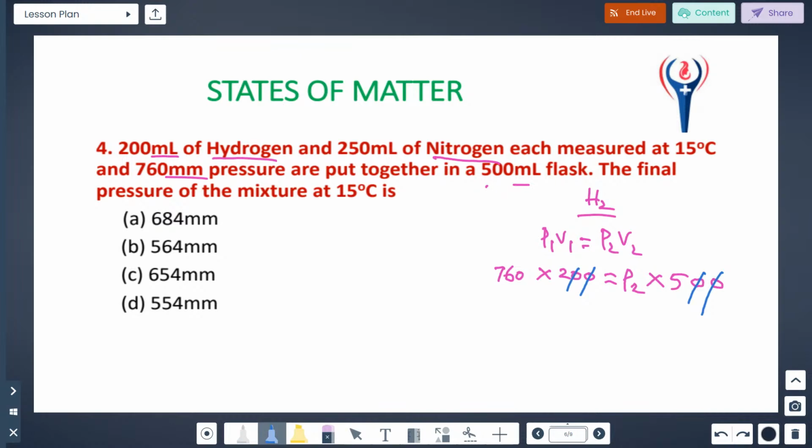Therefore P2 is equal to 760 into 2 by 5.